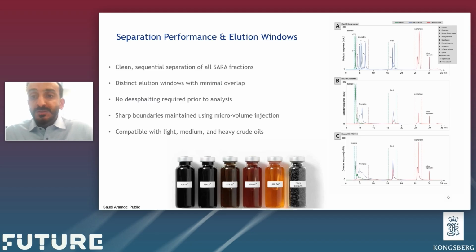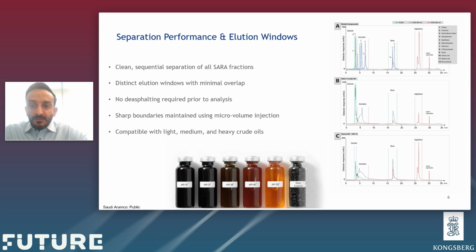Now, what you see on the right side are the HPLC chromatograms, which show in green the saturate fraction, which elutes first at about 2 minutes. Following that, the aromatic fraction, which elutes at about 5 minutes.